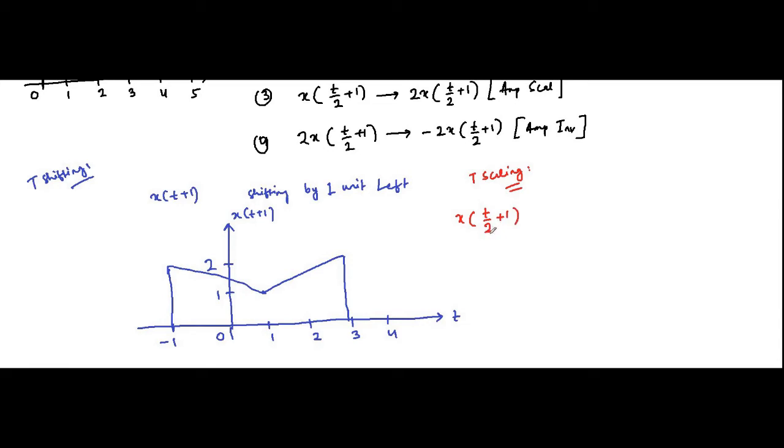Here 2 is getting divided with t, so the same will get multiplied into all of the values on the time axis. Each of these points will get multiplied by 2. The time scaled signal will be something like this.